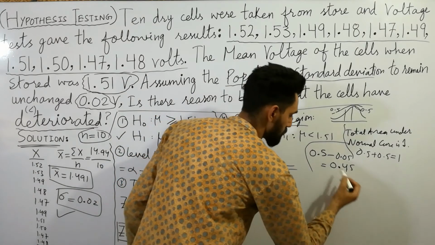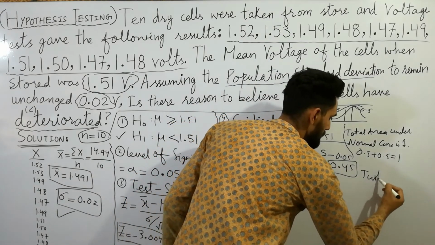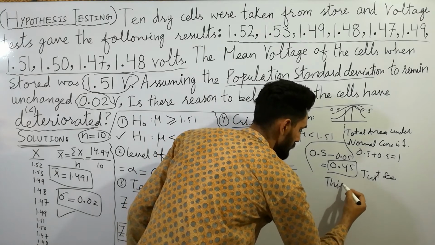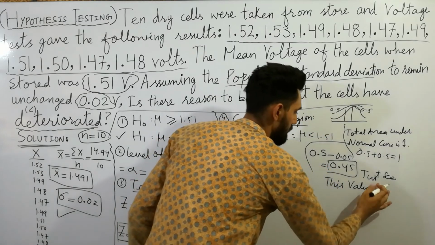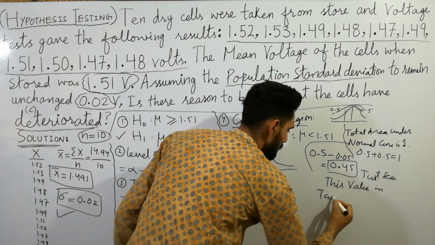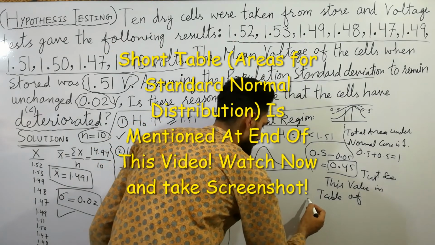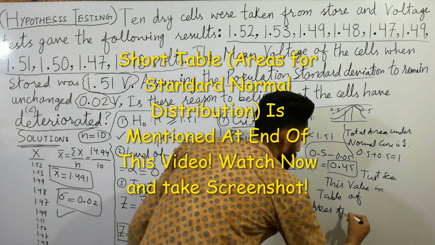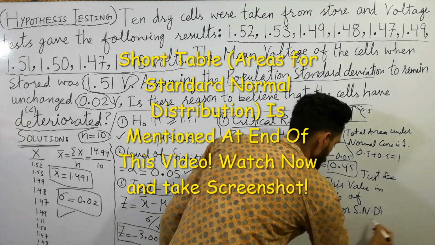Just see this value 0.45 in the table. I have the table of areas. This table name is areas for the standard normal distribution. Just use the table here.